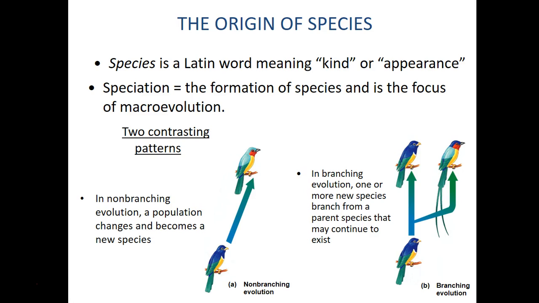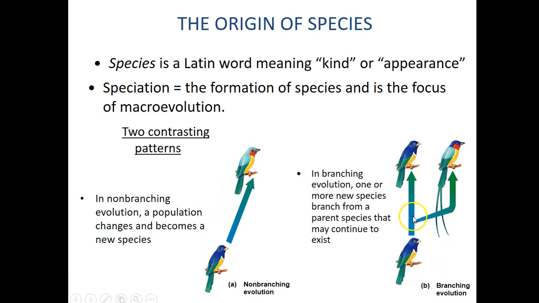And you can very easily describe non-branching evolution with all of your microevolutionary forces. But in order to get the diversity of organisms on the planet, you really need to ask the question of how do you get new species branching off from a parent species, so branching evolution.